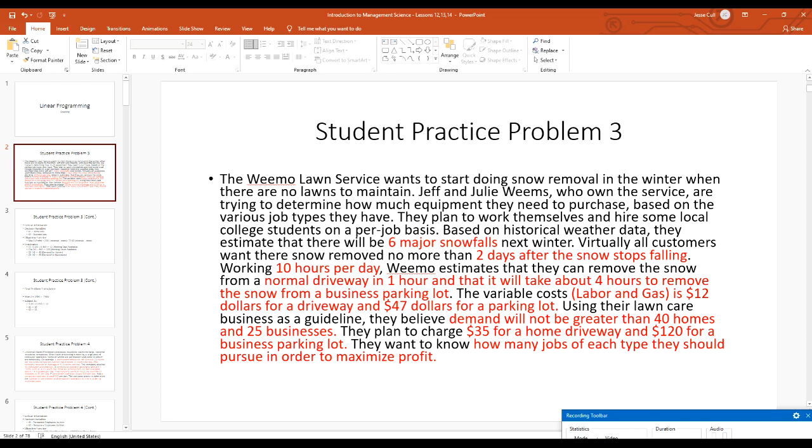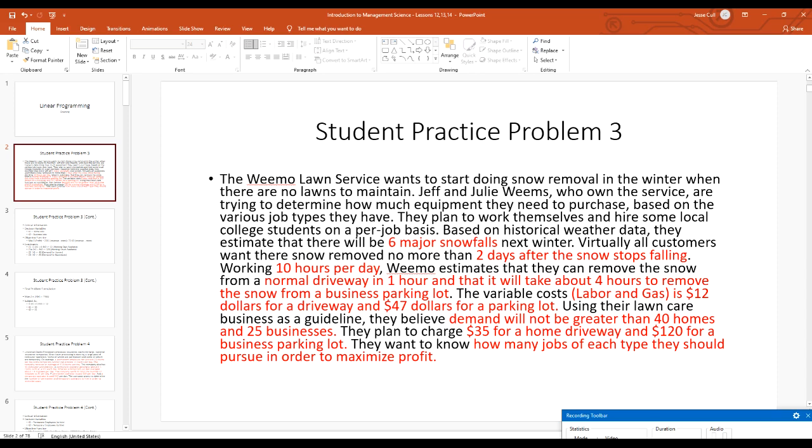So constraint number 1. We see there are 6 major snowfalls. We cannot work the day of the snowfall because we can't guarantee to remove all the snow. So we have to start the day after. However, we also know we have only 2 days after to remove that fallen snow.